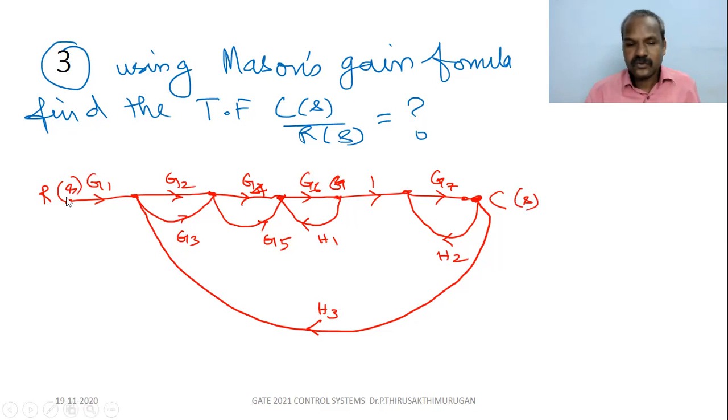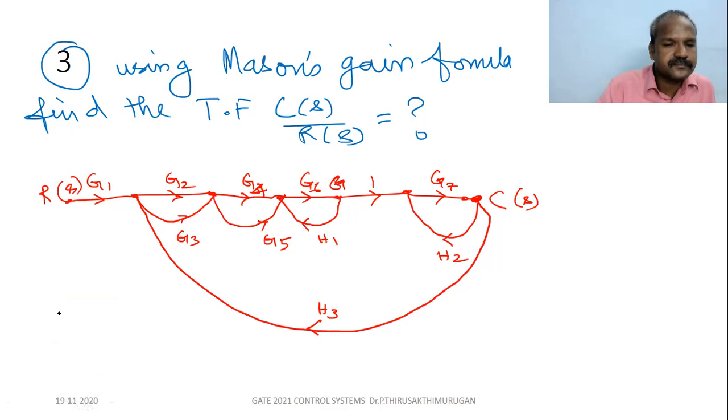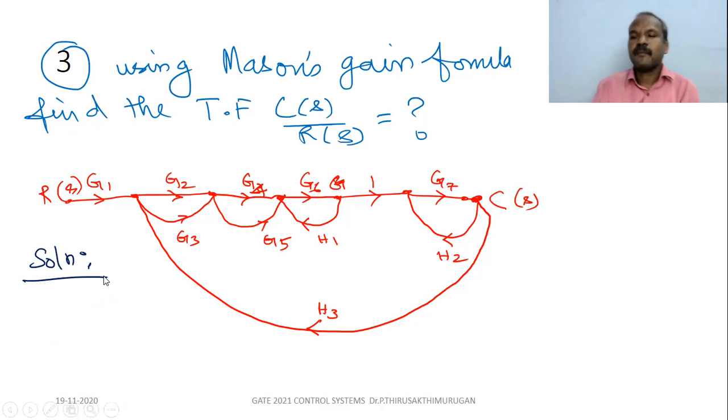So how to solve this? Solution. See, first we have to find the number of forward paths. How many forward paths? From starting point to ending point, we have to find the forward paths.